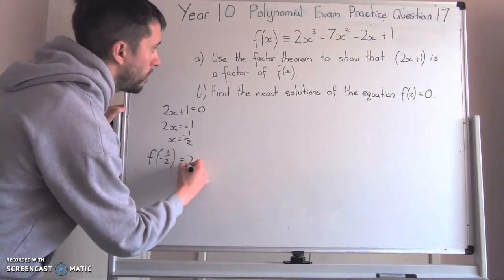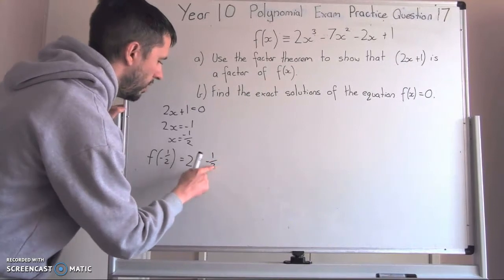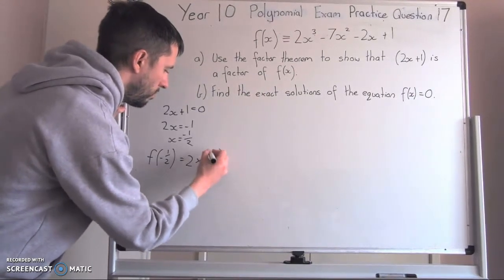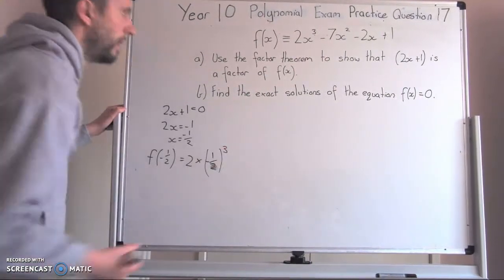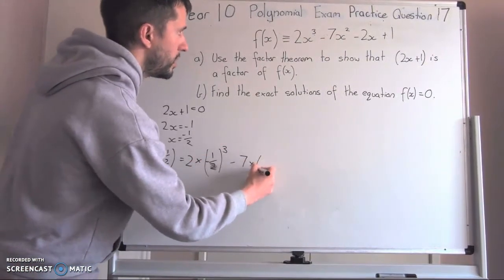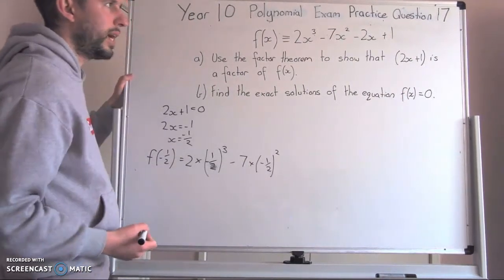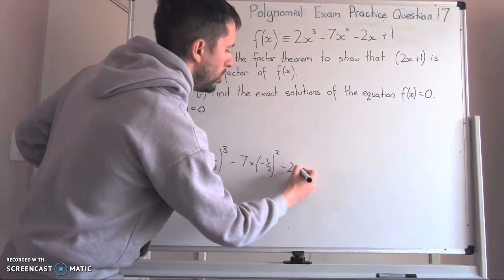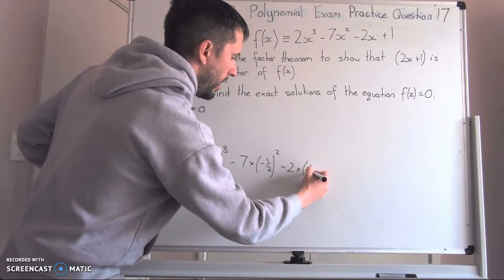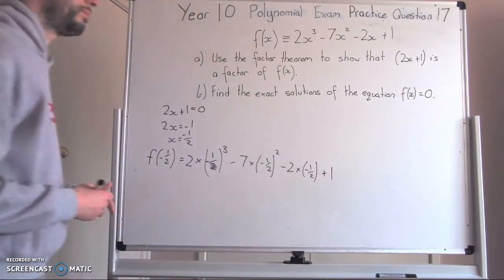And we've got 2 times negative 1 over 2 to the power of 3, take away 7 times negative 1 over 2 squared, minus 2 times negative 1 over 2, plus 1.